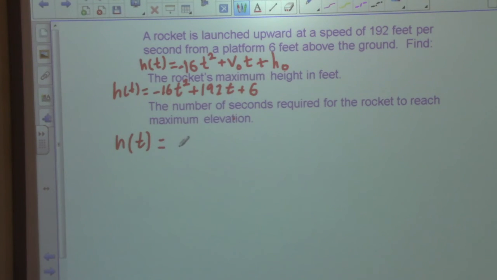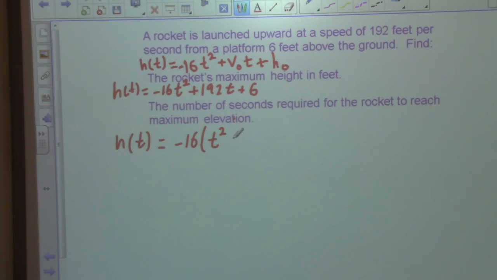So I'm going to put negative 16 out here, and here I'm going to put t squared. And then what times negative 16 equals 192? You can take 192 divided by 16, and that's 12.